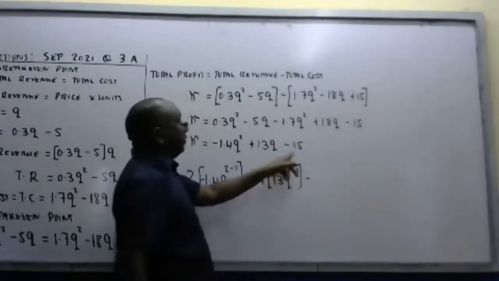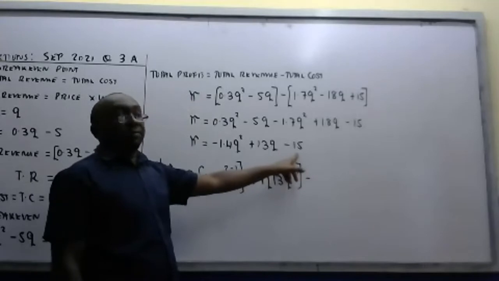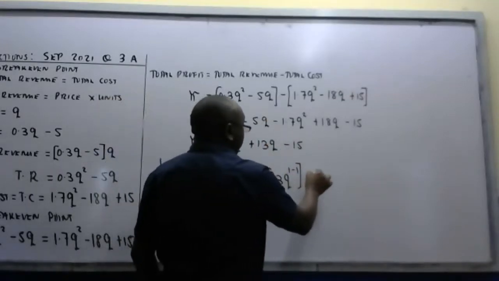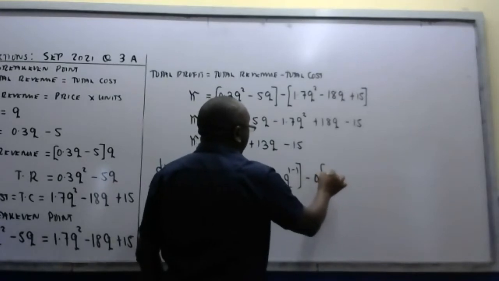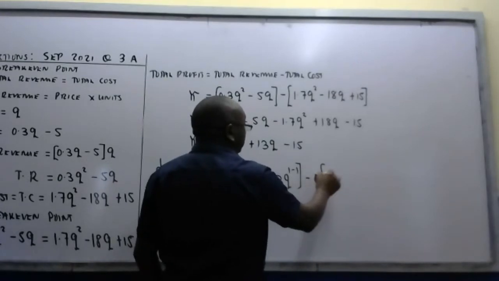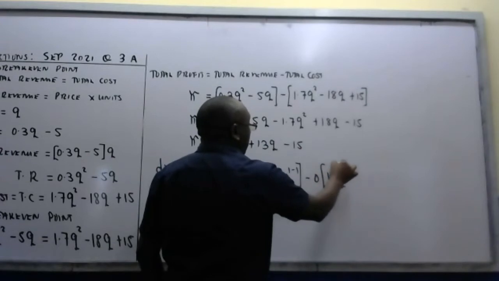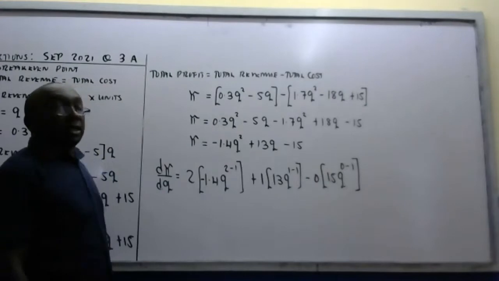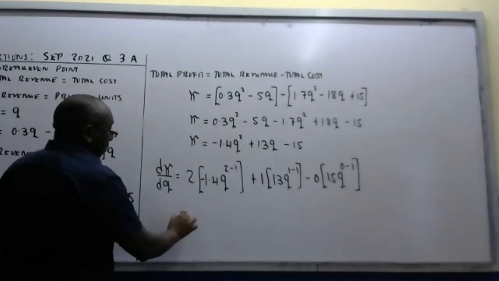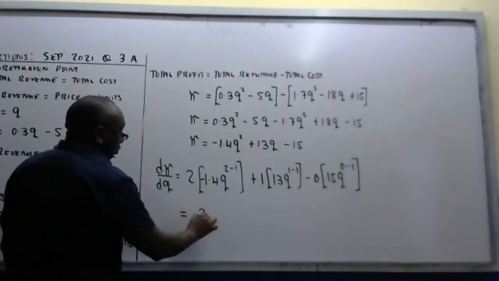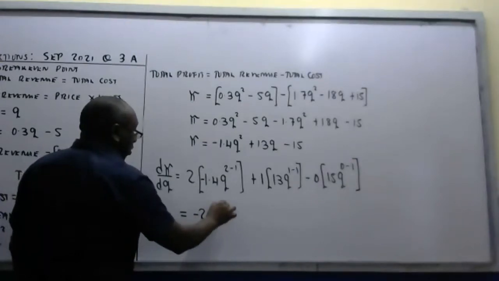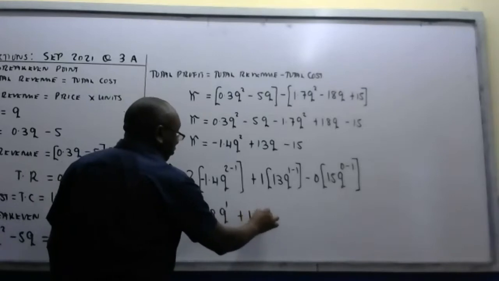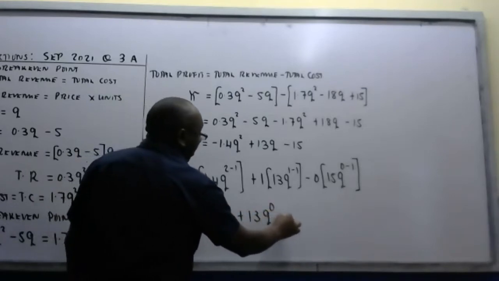Minus this 15. When it is just 15, it is 15q raised to power 0. So you take that power 0 and say 15q raised to power 0 minus 1. Then this opens up as minus 2.8 q raised to power 1 plus 13 q raised to power 0 minus 0.